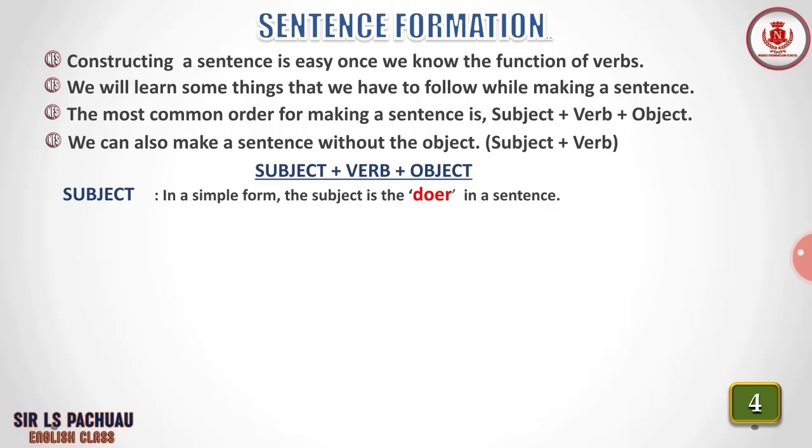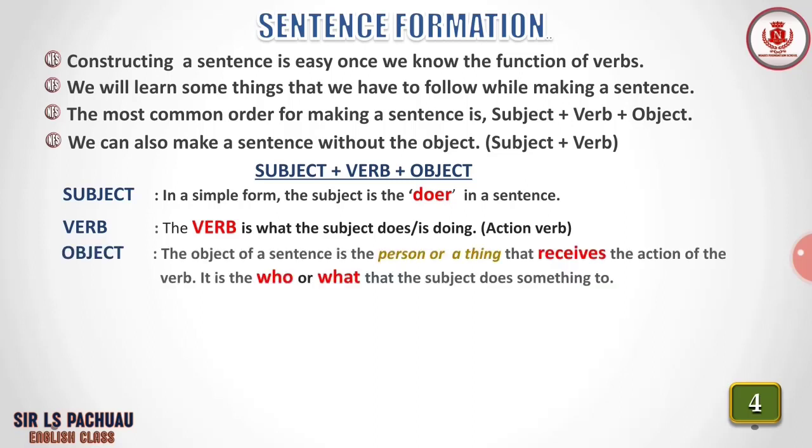The one who does the action verb is the subject of a sentence, and the verb is what the subject does or what the subject is doing. So here, this is what we call the action verb. Okay, we know action verb, right? Like physical action, mental action, like that.